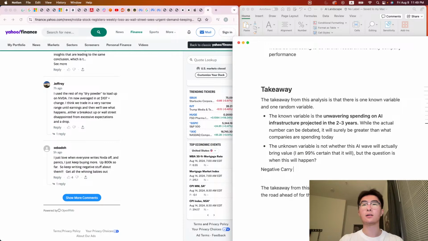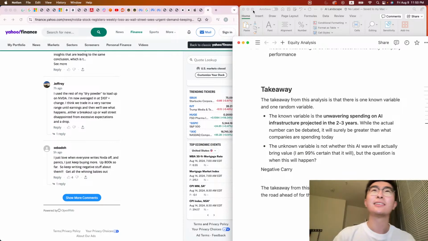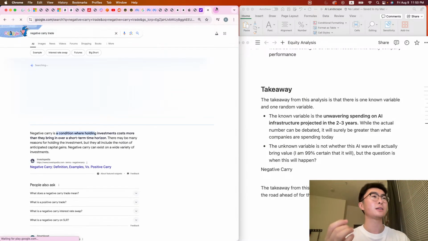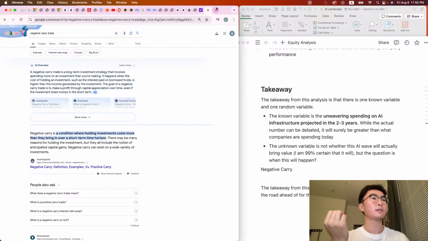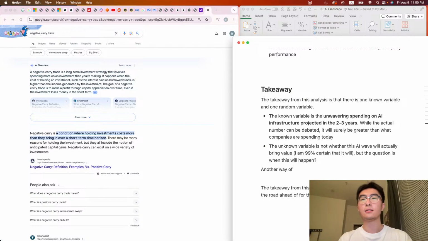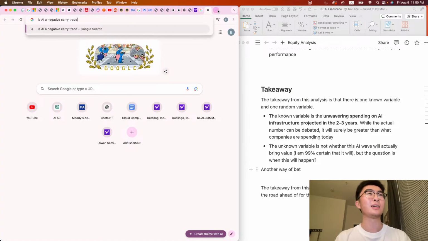Negative carry. Yeah, this feels like a negative carry trade. Another way of thinking, negative carry trade.